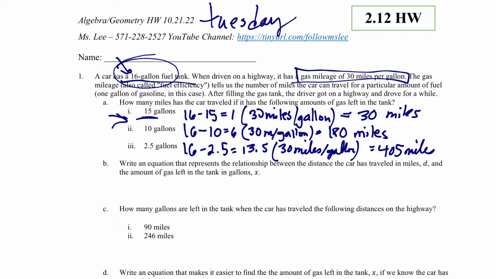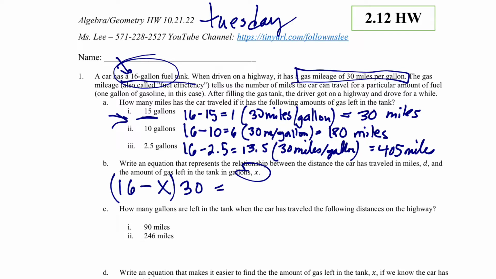So, if we're writing an equation to do that, we know that we have the 16-gallon fuel tank to start. And then if we're saying x is the amount of gallons left, we can subtract that to find out how many gallons we've used. And then we're going to multiply that by our fuel efficiency, or our rate of 30 miles per gallon.